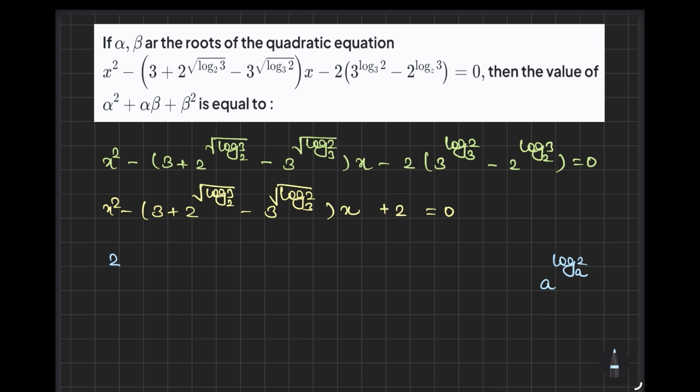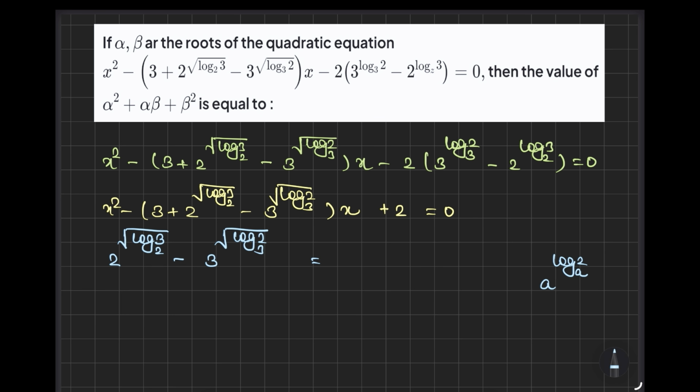So let's simplify this part. Can I just copy paste the question? 2 to the power log 3 base 2 minus, I am manipulating this part only, 3 to the power log 2 base 3. So I am interested in manipulating this part.